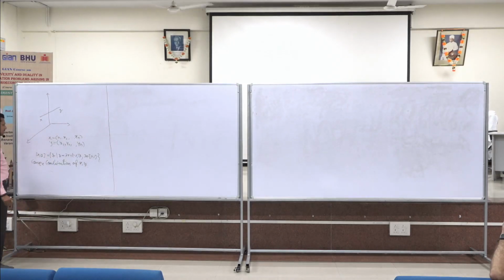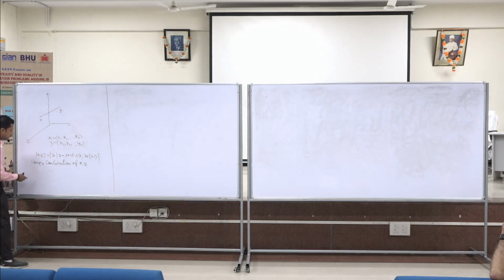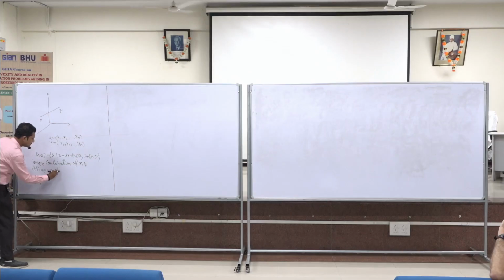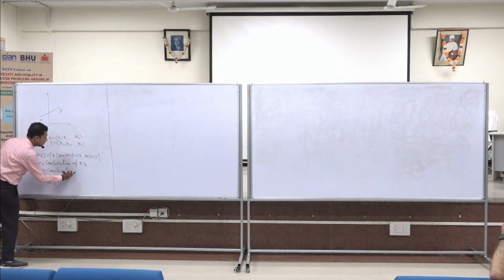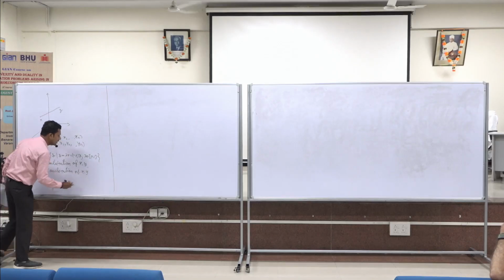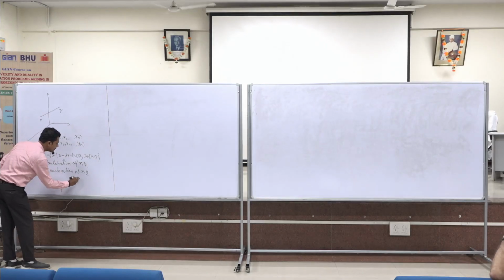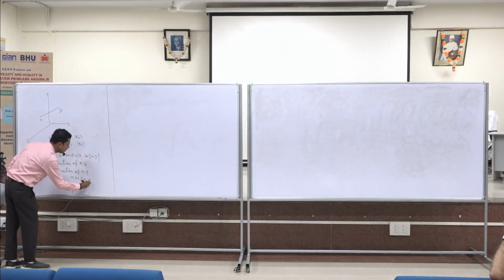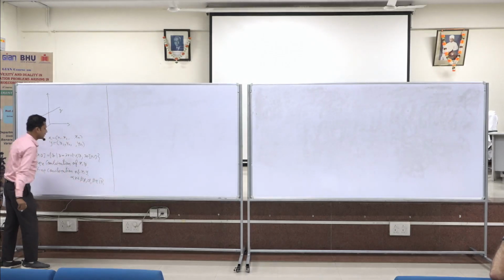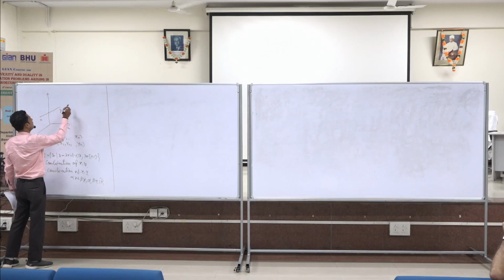If in place of this lambda we allow any real number, then we have an affine combination of x and y, so we can write alpha x plus beta y, where alpha and beta belong to R. In that case, we will have a line passing through x and y. So we can extend that.